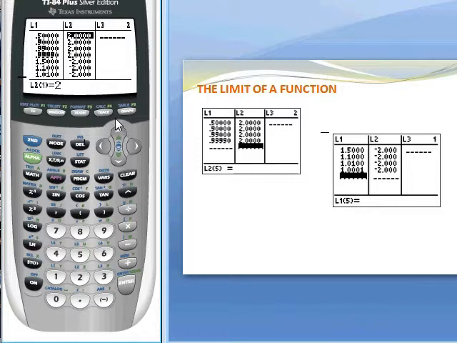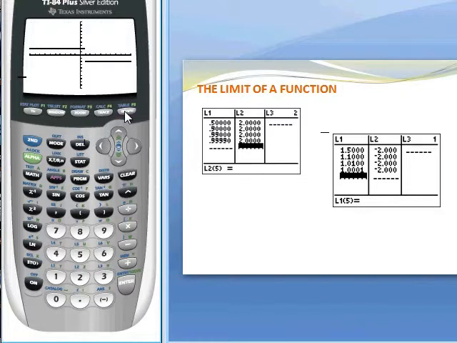Now let's go back to the graph one more time. If I trace it, you see it now. All the values of x to the left of 1 have the value of 2. So the left-handed limit is going to be 2.